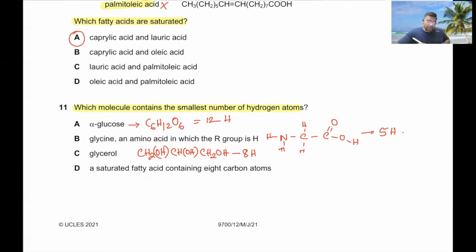A saturated fatty acid containing 8 carbon atoms. So for the saturated fatty acid, first of all, let's draw the carboxylic acid. Containing 8 carbon atoms means there are another 6 CH2 and there is a CH3. Total, there are 8 carbons. So 1 plus 12, 13, 13 plus 3, 16. 16 hydrogens present.